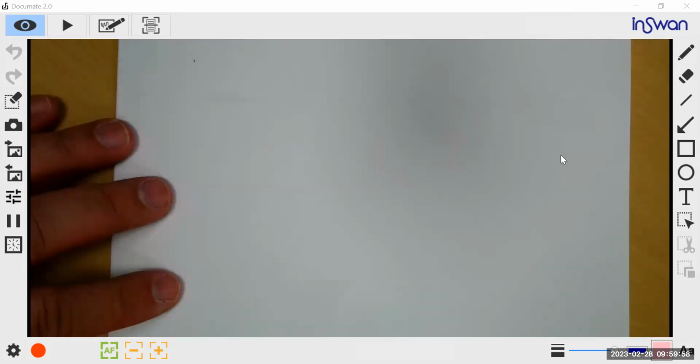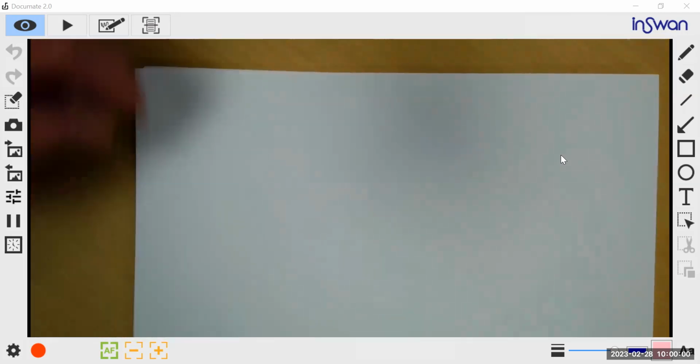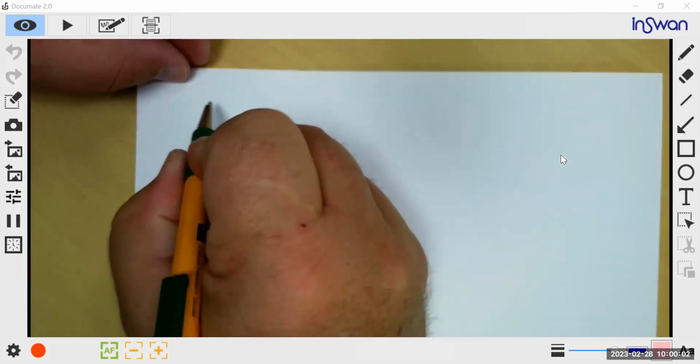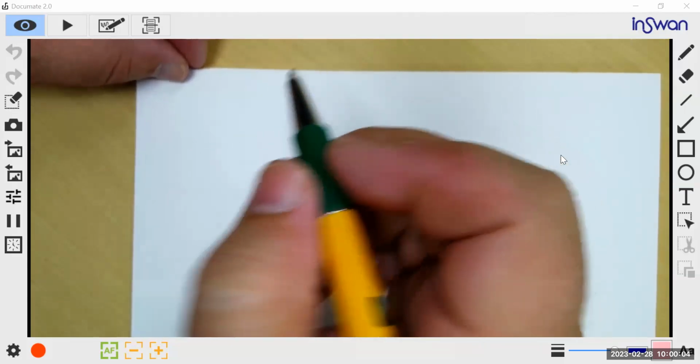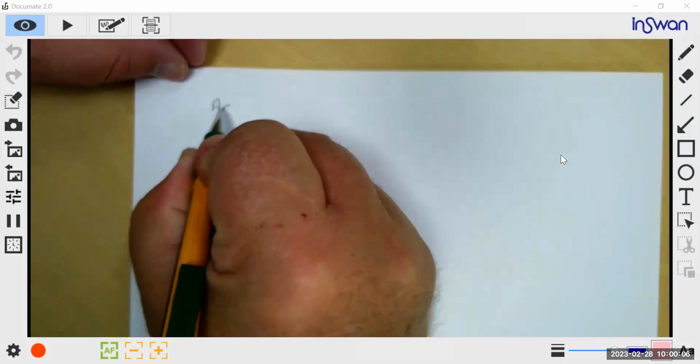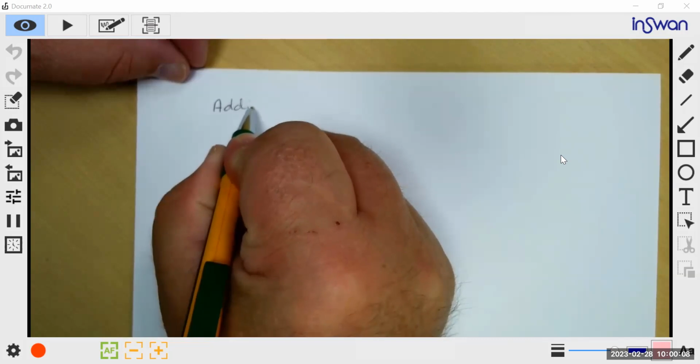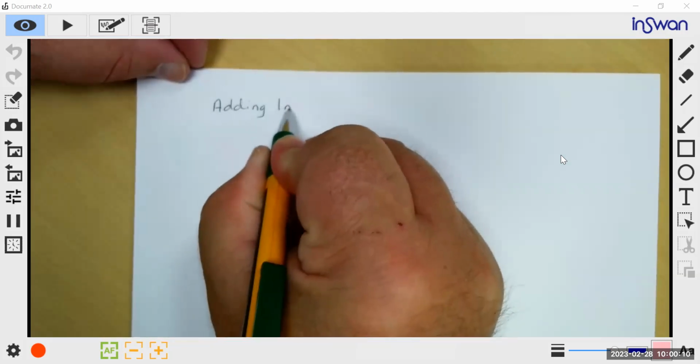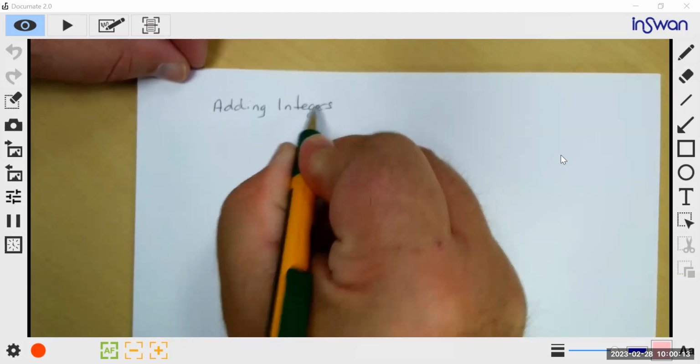So let's do this next part. The next set we're going to talk about is adding, subtracting, multiplying, dividing of integers. Adding integers.